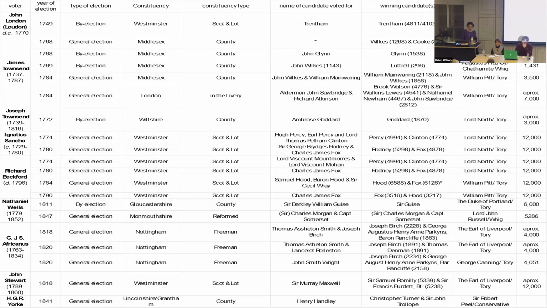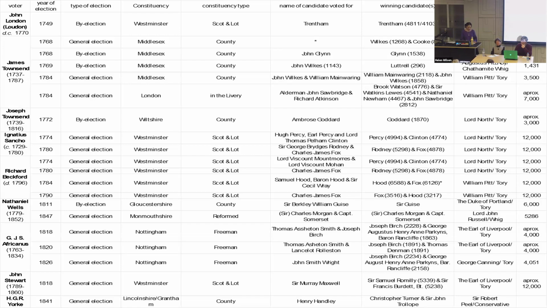Beckford was the eldest illegitimate son of William Beckford, who was one of the wealthiest absentee planters of Jamaica. Richard Beckford had 2 failed attempts at becoming an MP before succeeding in Bridport. I couldn't find him recorded speaking in Parliament, and I was unable to find much reporting indicating his political affiliations. He was found voting in the general elections in Westminster for the years of 1777, 1780, 1784, and 1790.